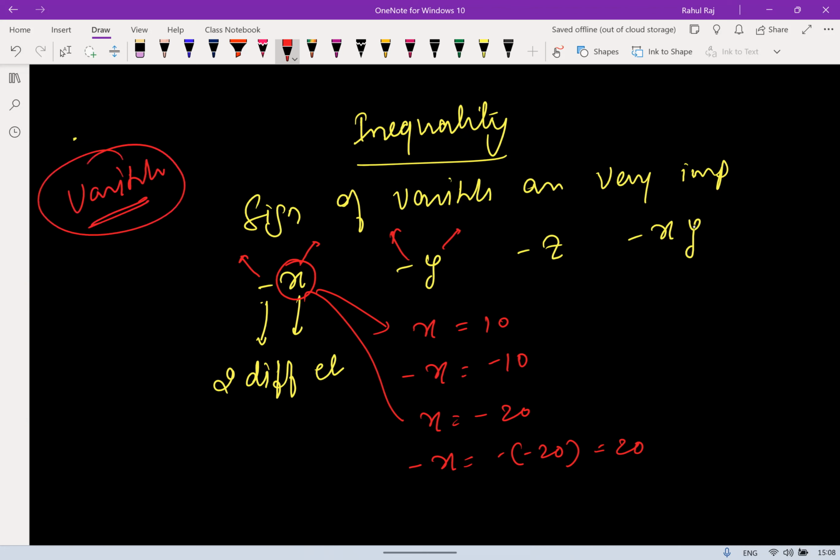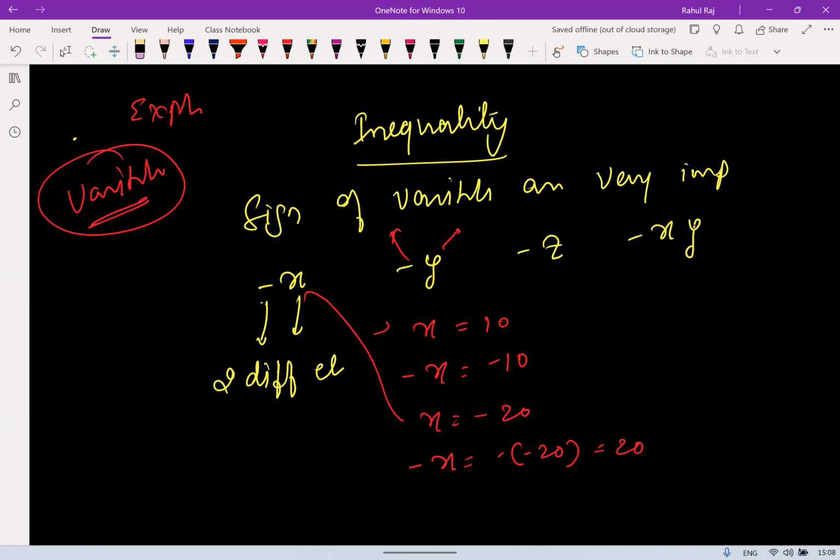About variables, we need to understand that until there is explicit information given to you in the question, that x is positive, or x is negative, or y is positive, y is negative, you are not supposed to assume anything from your end. Your assumptions should always be in both directions: if x is positive, what could happen? If x is negative, what could happen? If there is no information given to you. And normally information is not given to you.